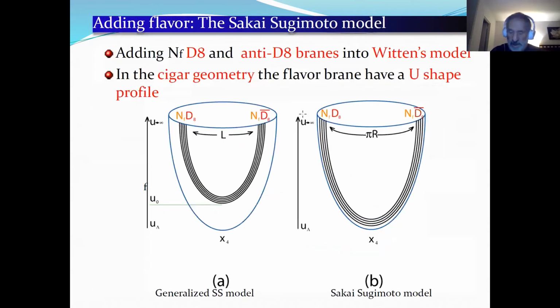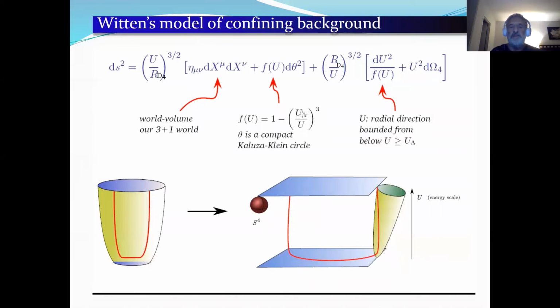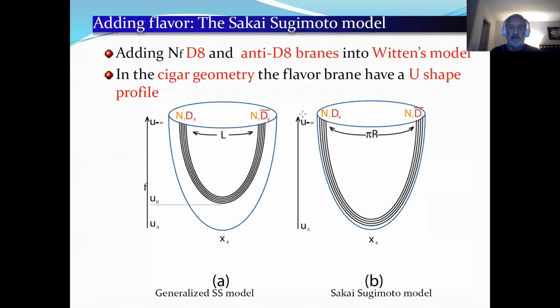Now, the confining background will describe for us just the pure glue theory in the dual boundary theory, and to also have quark flavors, we have to add flavor D-branes. In the so-called Sakai-Sugimoto model, it's done by adding NF D8 and NF anti-D8 branes.